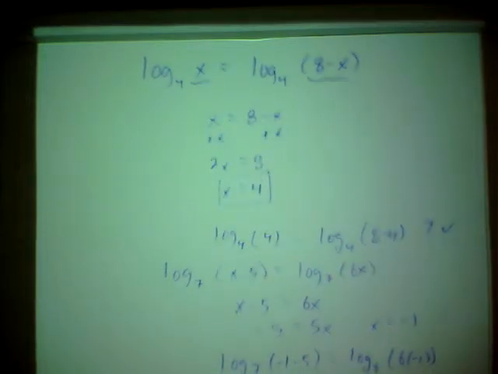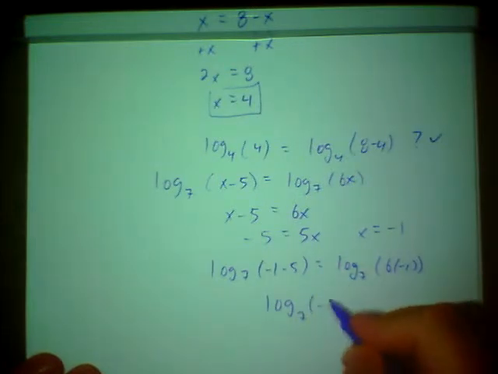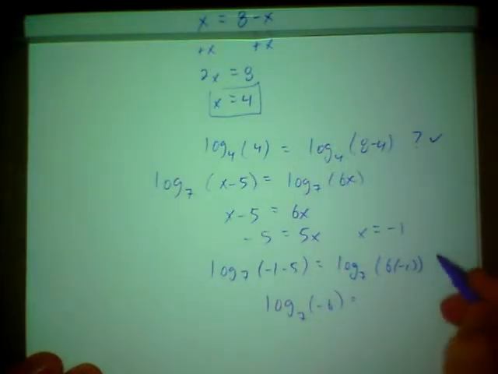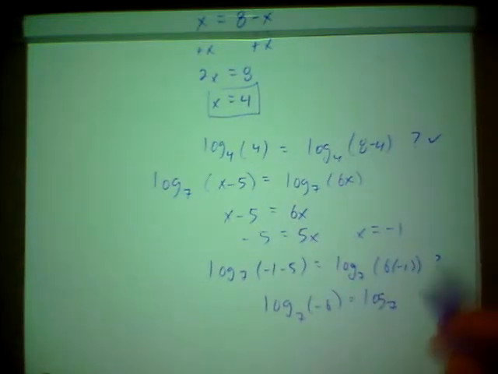So on the left-hand side, I end up with log base 7 of minus 6. On the right-hand side, log base 7 of minus 6. Now at first glance it looks like, well, yes, of course, they are equal to each other. But actually, even beyond that, according to the rules of logarithms, this does not exist. We cannot take the log of a negative number.